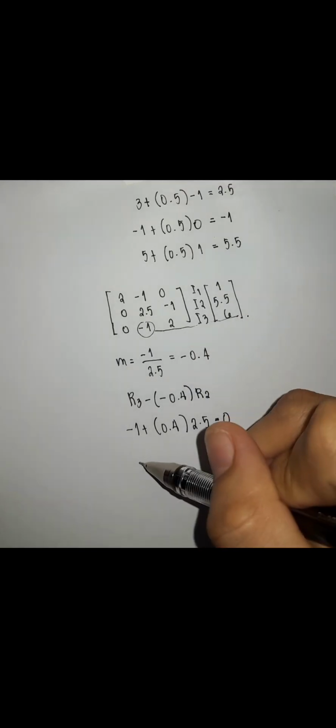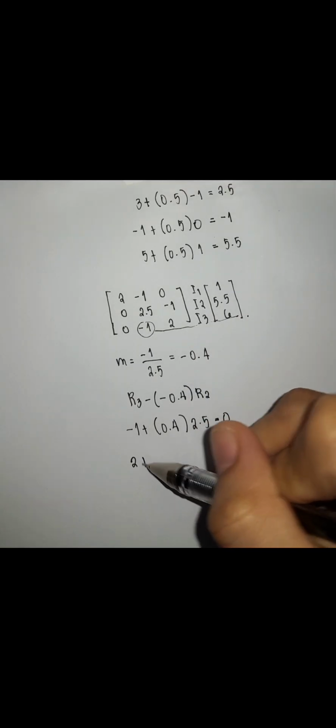So the entire row will also be affected. So 2 plus 0.4 times negative 1 is equal to 1.6.